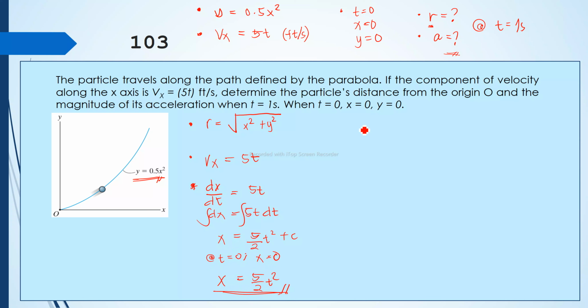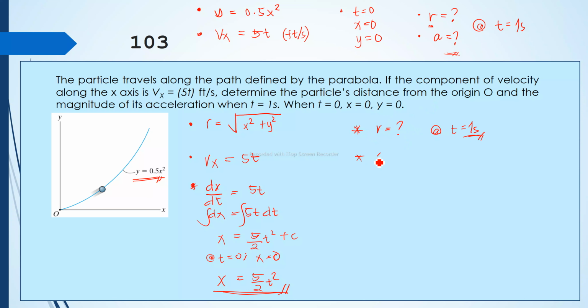So the next thing to do is to find the r at t equal to 1 second.